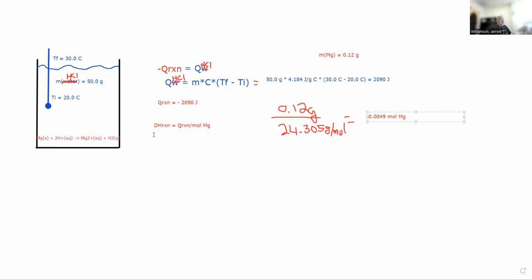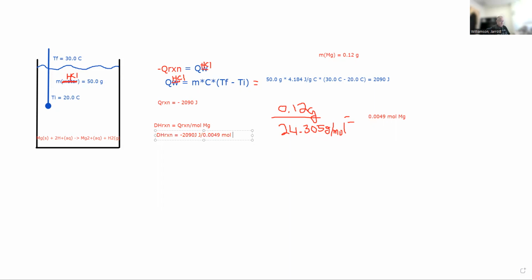So my enthalpy, delta H of reaction, remember enthalpy is the heat of the reaction under constant pressure conditions, right? That will be negative 2090 joules divided by 0.0049 moles.